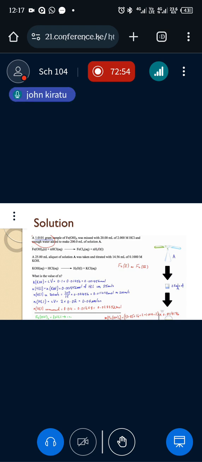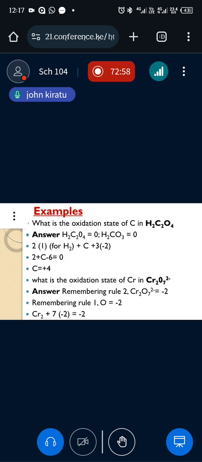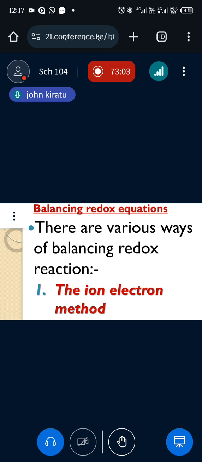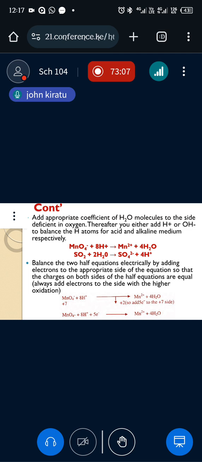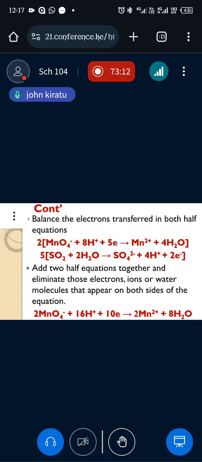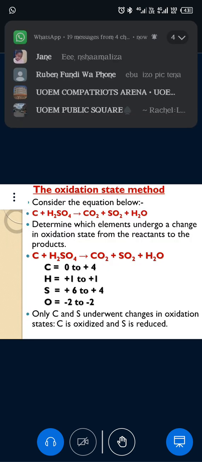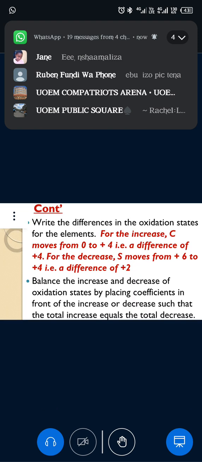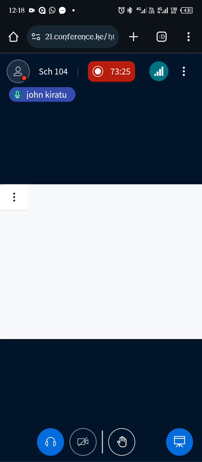The rest, if you want to continue for future reference, you can, but we won't be learning this for now. For now, we won't learn balancing oxidation reduction. What I wanted you to understand is acid base, because mostly you'll be dealing with acid base titration. But for your reference, you can still leave those notes there.